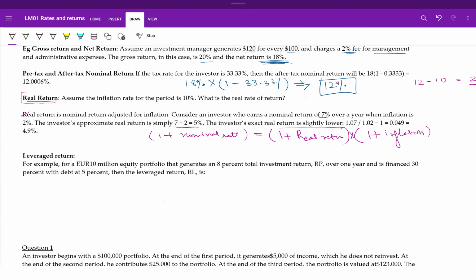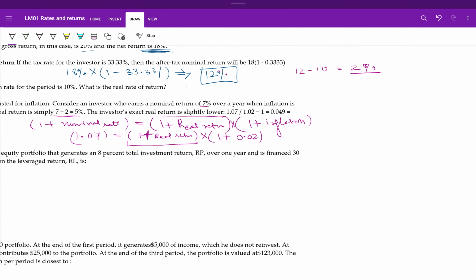So 1.07 is 1 plus our real return, multiplied by 1 plus inflation, which is 0.02. Now we need to calculate for 1 plus real return. So 1 plus real return is going to be 1.07 divided by 1.02.